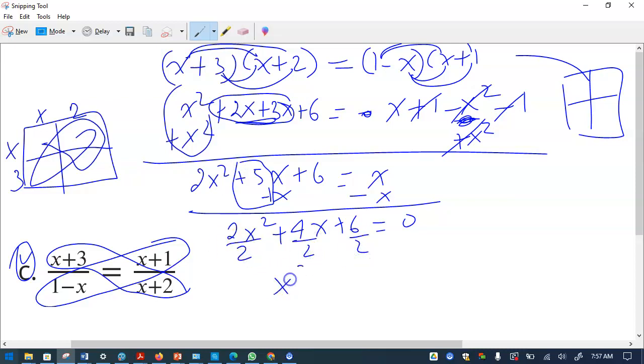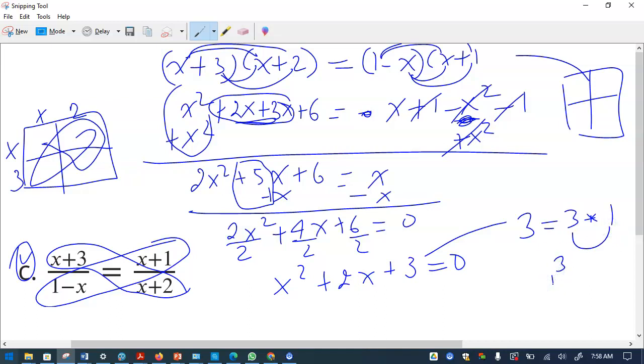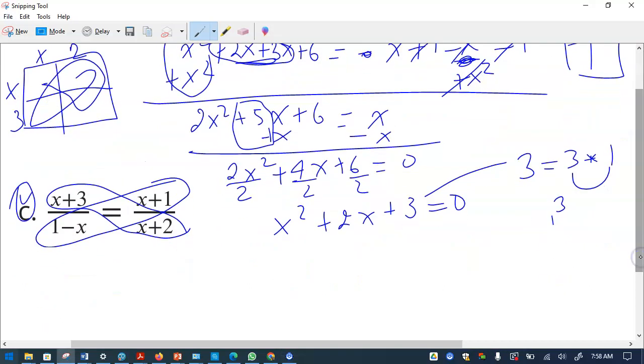You can still reduce it to a smaller form and you get it like this here. Then we can split this 3 as 3 times 1. Remember, 3 times 1 is 3, and they have to add up to the middle term. 3 and 1 add up to 4, but there's no 4 here, so we cannot use this.